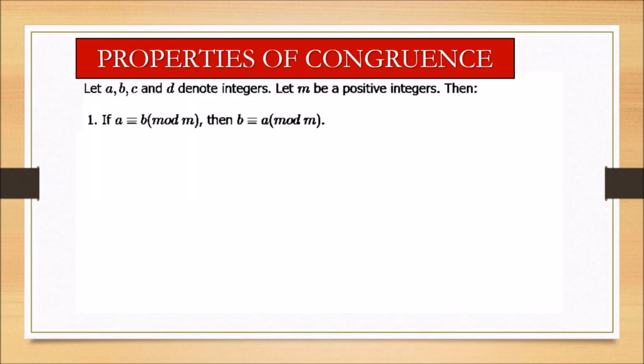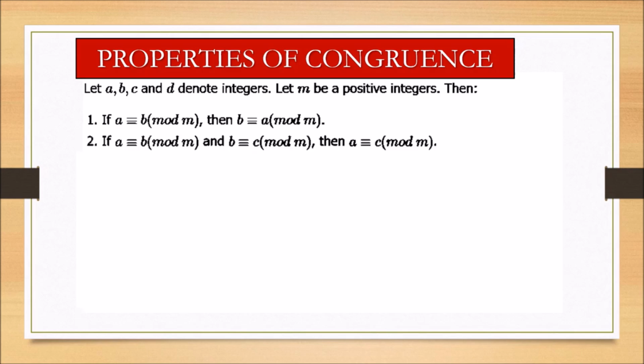First is, if a, b, c, d denote integers, m is a positive integer, then if a is congruent to b modulo m, then b is also congruent to a modulo m. Second property is if a is congruent to b modulo m and b is congruent to c modulo m, then a is congruent to c modulo m.